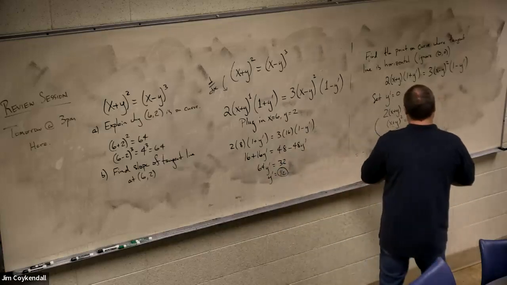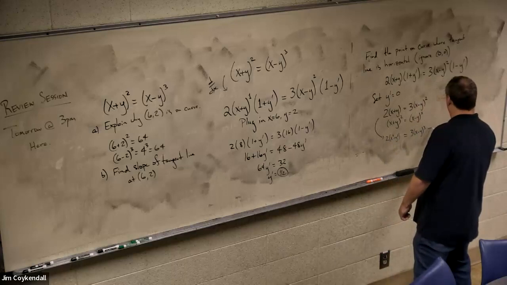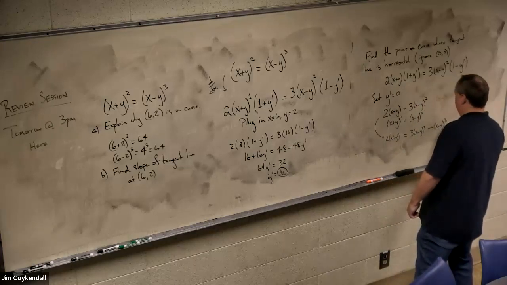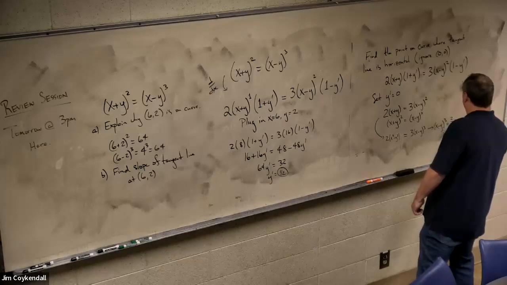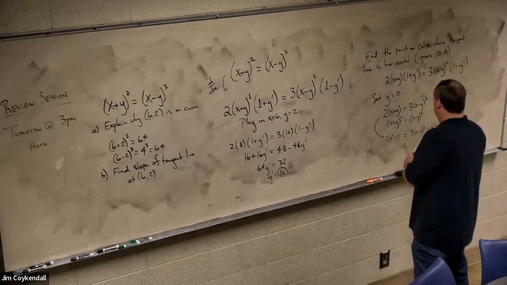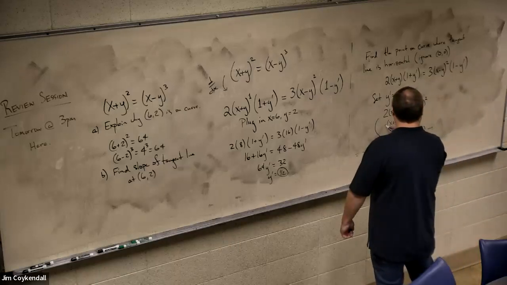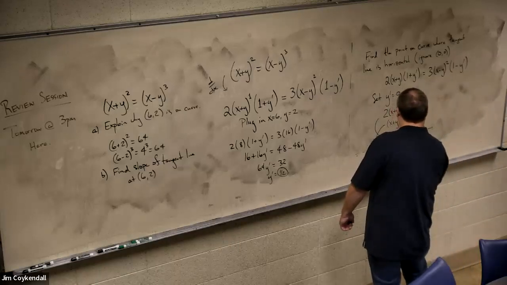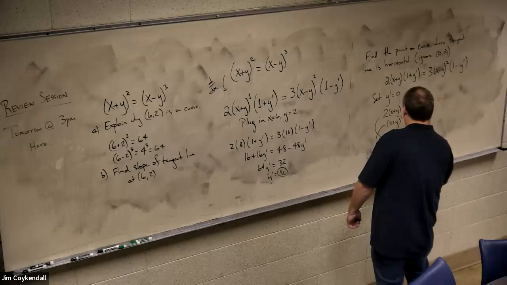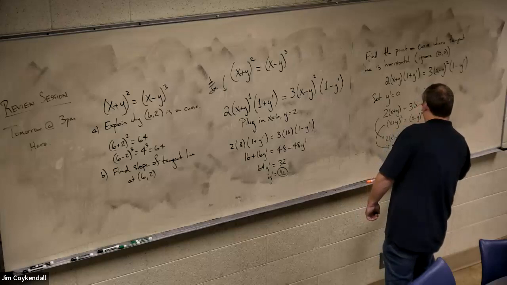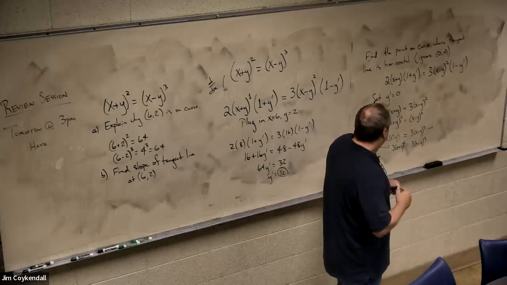Now, this gives me x minus y cubed is 2/3. I'm going to multiply this one by 3, and x plus y squared is 3 times x minus y. Let's just multiply.